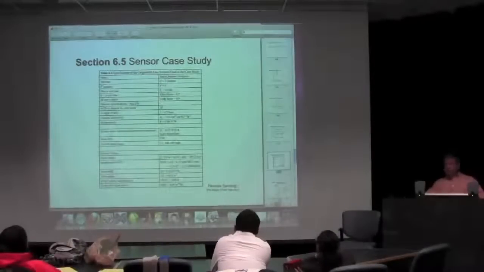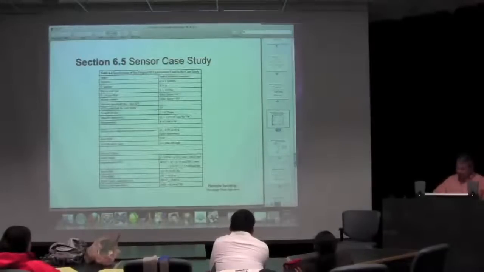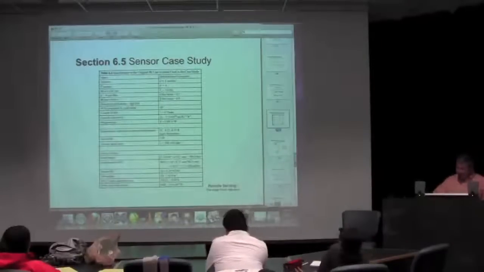So this section goes through the considerations they had to look at to make sure they could still maintain that with a smaller pixel. You have fewer photons falling on that sensor, but you need to maintain the signal-to-noise ratio they needed. So let me just recommend that you read that section for next time.